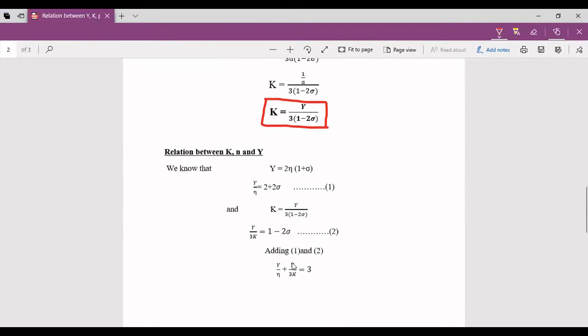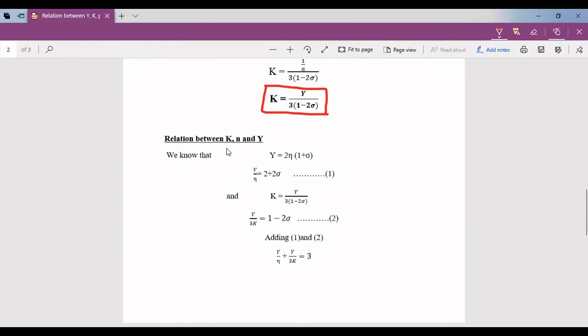And next, we take the relation between bulk modulus, rigidity modulus and Young's modulus. It is very simple. You already know this equation, the relation between Young's modulus, rigidity modulus and Poisson's ratio. Rearrange this equation now.